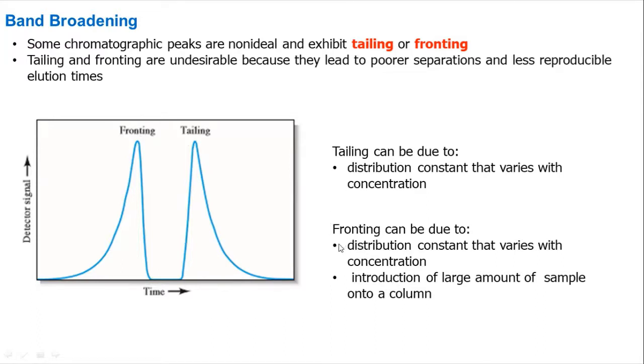Fronting is caused by the introduction of a large amount of sample onto a column. So if you load or run too much sample on your column, it will also result in fronting.